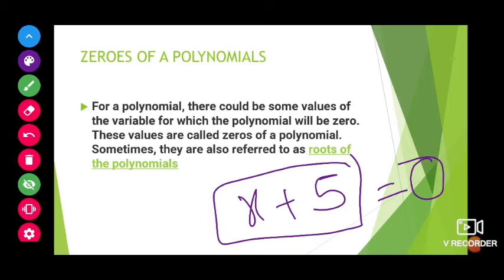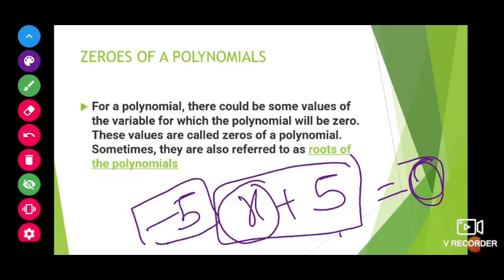This is also called a root of the polynomial. Now you just guess for x plus 5, for what value the entire expression will become 0. If I place x as minus 5, minus 5 plus 5, the value will be 0. So this minus 5 is called the zero of this polynomial or root of this polynomial.